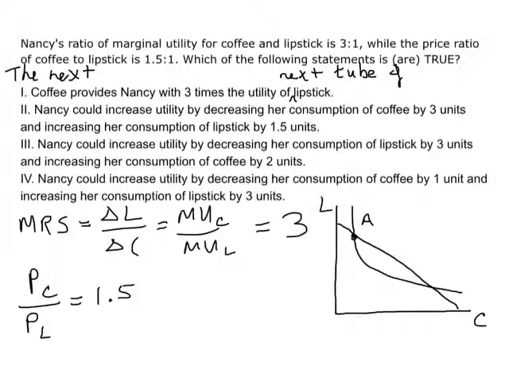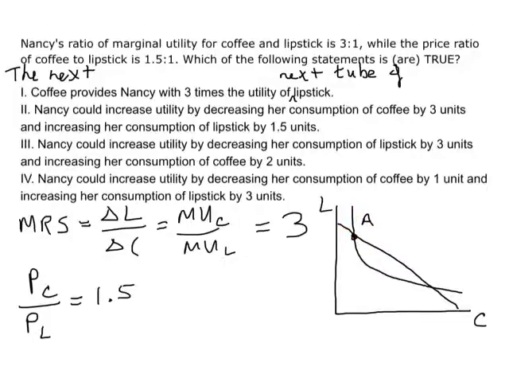So she's willing to give up 3 lipsticks for each coffee, and the market only requires her to give up 1.5 tubes of lipstick per coffee. The slope of the budget line is how many lipsticks per coffee you have to give up, according to the relative price ratio. So she's willing to pay more than she has to pay.